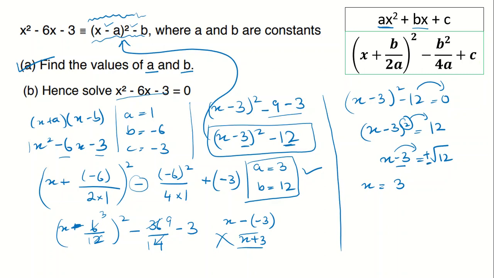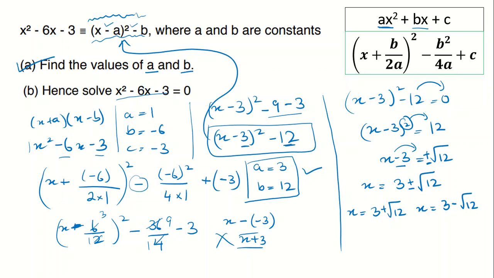So there's a positive and negative square root, which means that when I'm taking my 3 to the other side, I still have 3 plus or minus square root of 12, which basically means that the two values of x are going to be, one is 3 plus square root of 12, and one is x equals 3 minus square root of 12. And because this is a quadratic equation, I am obviously going to get two answers.